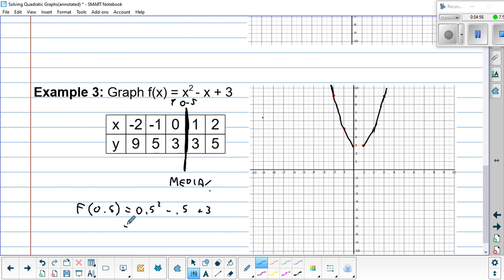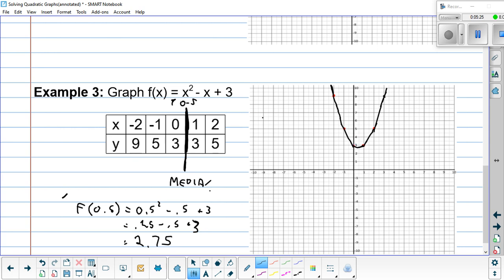We get 0.25 minus 0.5 plus 3, which results in 2.75. So here we have 0.5 and 2.75, right about there. So we can get a more accurate knowledge of it.